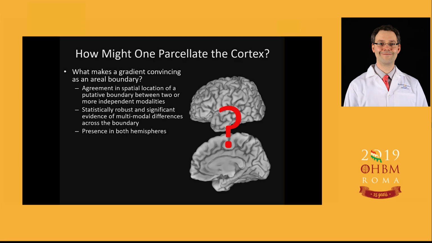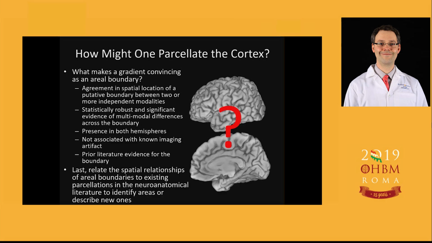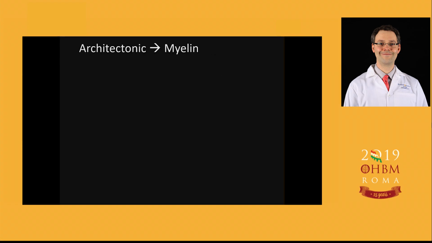We might not require that, but if it's present in about the same place, that gives us more confidence that it's real. Obviously, we don't want to be mapping out boundaries from imaging artifacts. And then if we think of things in a Bayesian way, if there's prior evidence in the literature of a boundary, it's more likely to be real. So once we've gotten our set of boundaries that we believe, the next question is, how many of these areas have actually been found in the prior literature? Which ones are new and which ones have been described before?